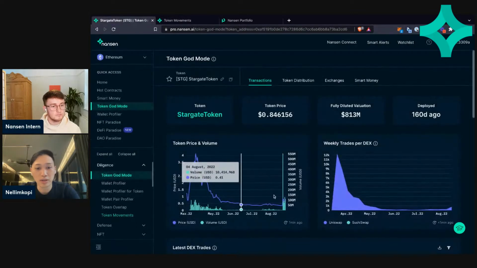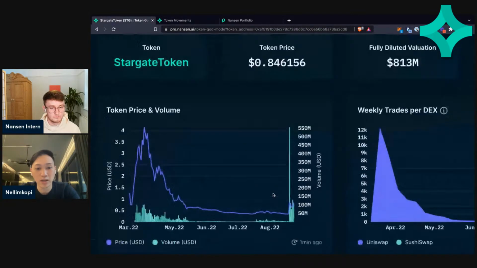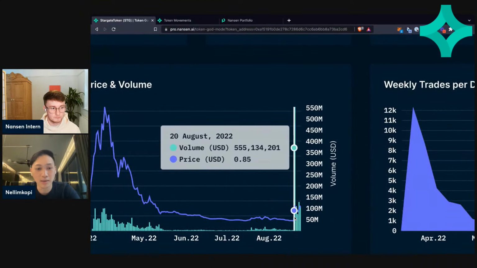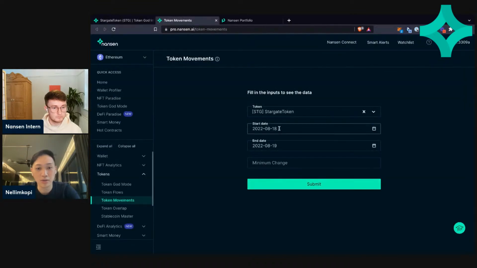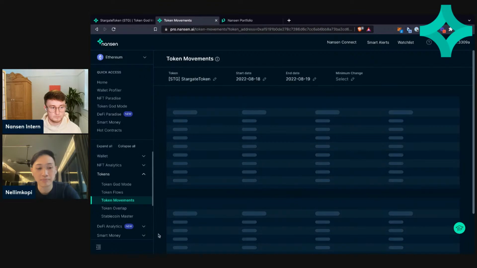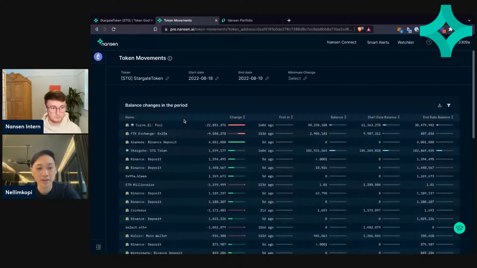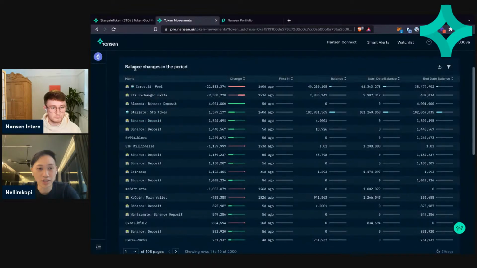These are people that I want to keep a lookout for. So I can go back to the time period and see when it actually pumped, which I think was 20th August. I want to see who has been accumulating the most prior to this pump, about 18 to 19 August. Let it load, and you'll be able to see a couple of things: the top transactions as well as the balance change.